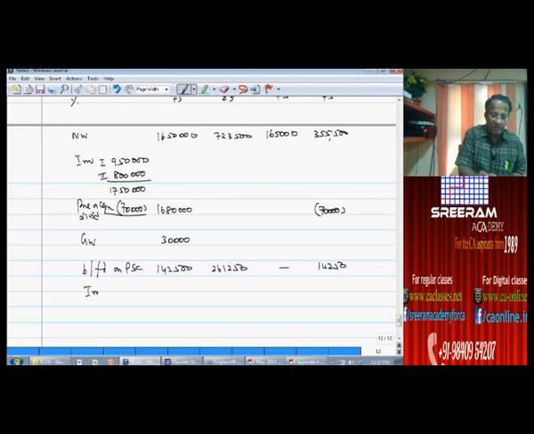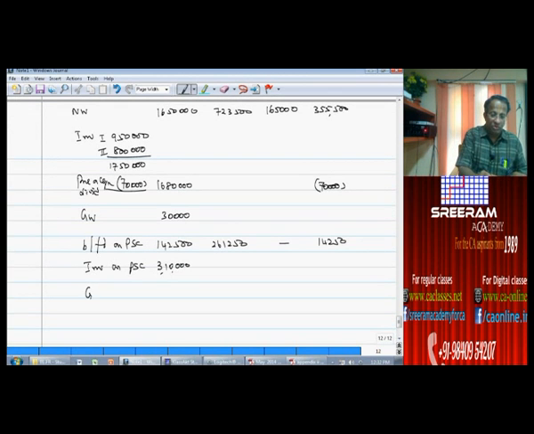Then investments in preference share capital. How much was that investment we have made in preference share capital? 3 lakh 10,000. Goodwill. $167,500 is goodwill.